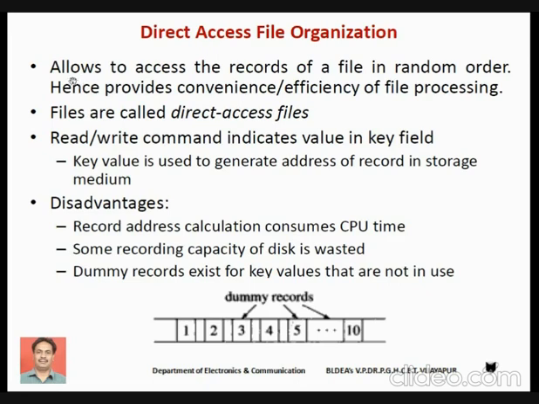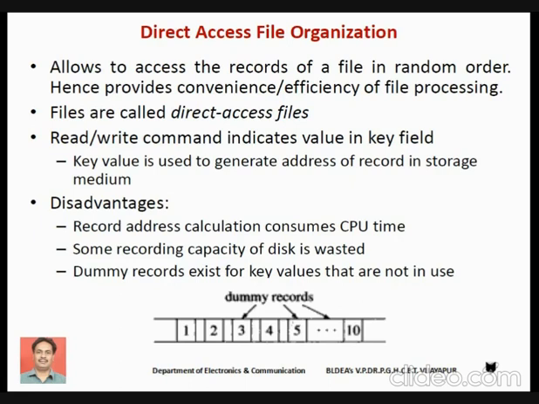So the direct access files, as the name indicates, allow us to access the records in a random fashion. You can access any of the records directly. You need not move sequentially, right? Usually, the hard disk consists of a head. By using that head, you can access any of the records.